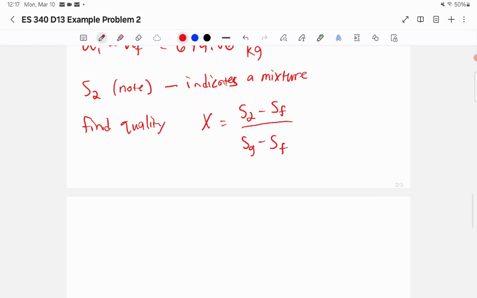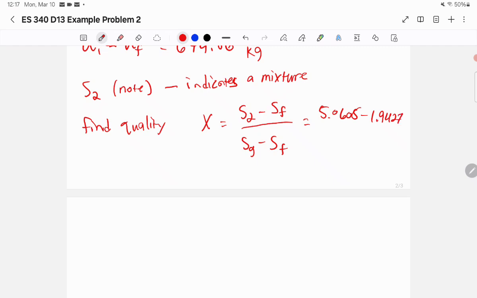So there's my quality. If I plug in the values off the table, it's 5.0605 minus 1.9427 over 6.75, the value off the table there, minus 1.9427. And that's going to be approximately equal to 0.649. That's my quality.